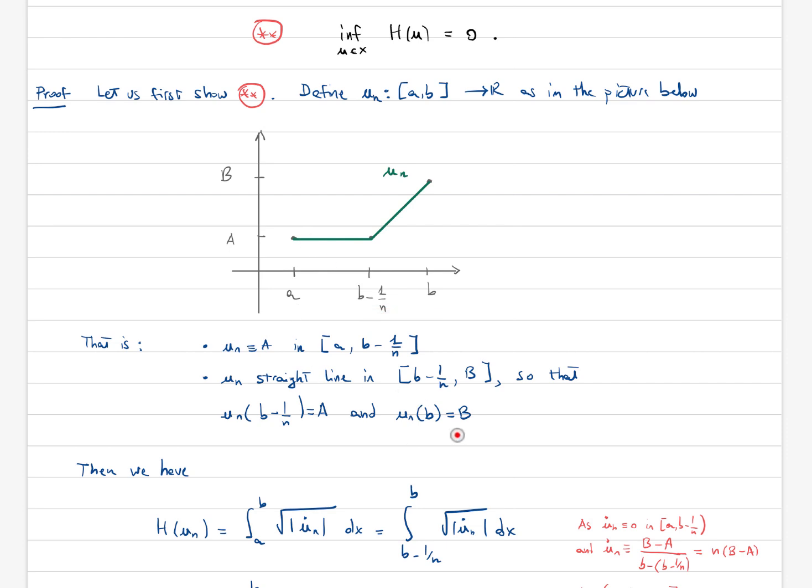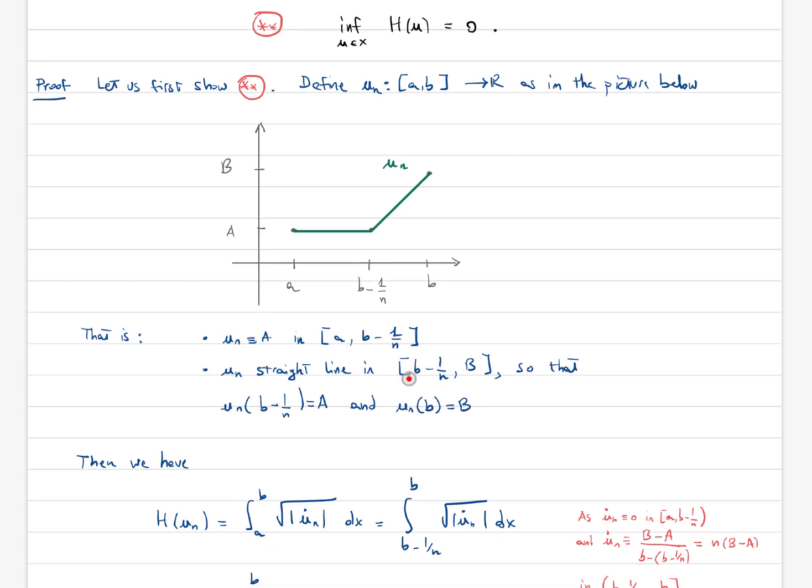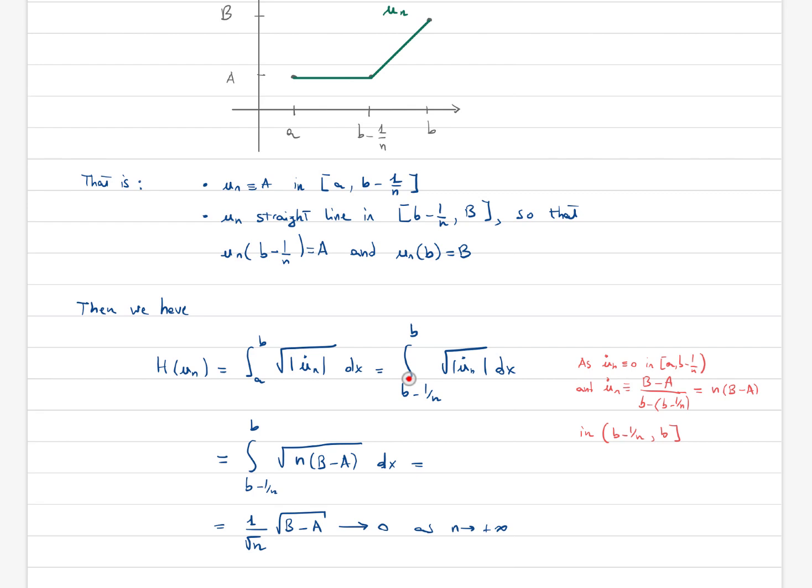Okay, so in particular un achieves the boundary conditions. If we compute the energy of this guy, so H of un is just the integral of the square root of the derivative. But this function is constant between A and B minus 1 over n, so u dot is 0 in this part, and so we're left with the integral between B minus 1 over n and B of the function. And now we can just compute the derivative.